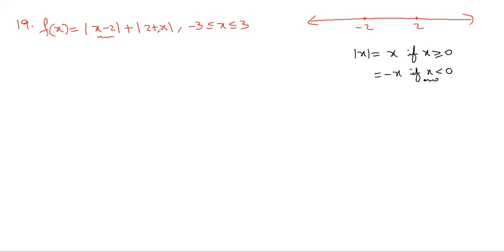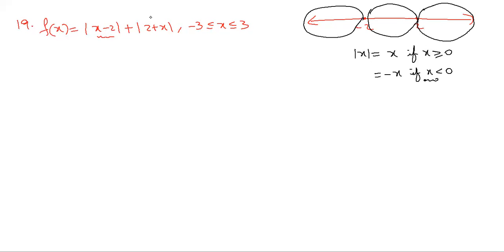Now, with respect to these two modulus expressions, the full real number set is divided into 3 intervals. What are those? Minus infinity to minus 2, minus 2 to 2, and 2 to infinity. So this function's behavior is different in these 3 intervals.